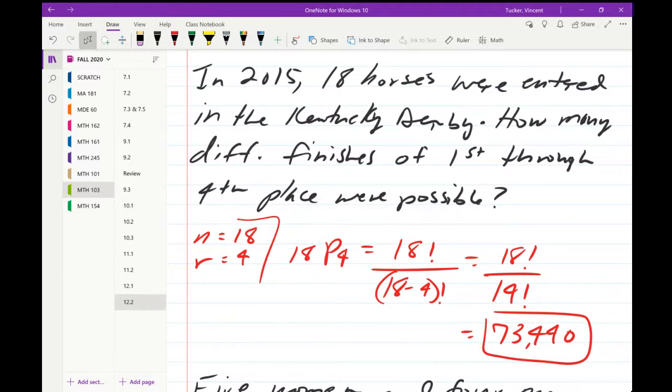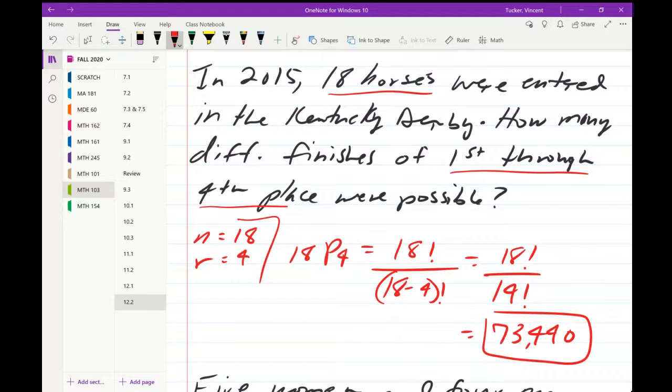All right, so we have 18 horses to choose from. And we're talking about ranked first through fourth place. So that lets us know the order matters. So n will be equal to 18, r will be equal to 4. It's 18P4.